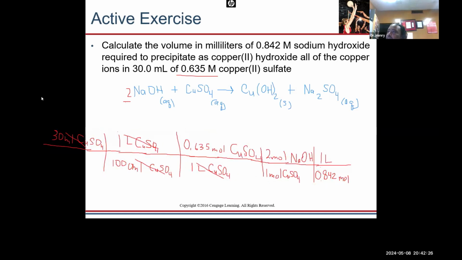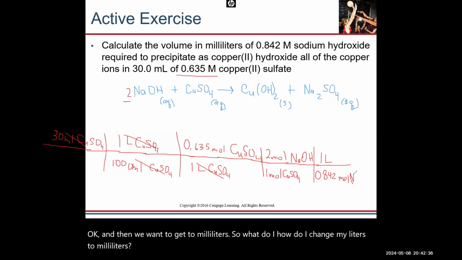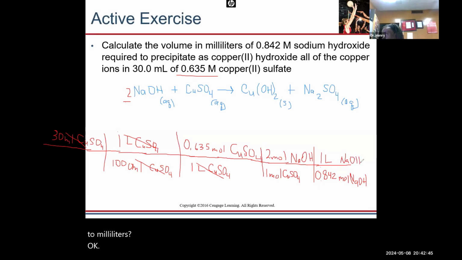And then we're going to put the liters on top. Okay. And then we want to get to milliliters. So how do I change my liters to milliliters? 1 liter is 1,000 milliliters. Okay, and then we're going to go ahead and solve it.